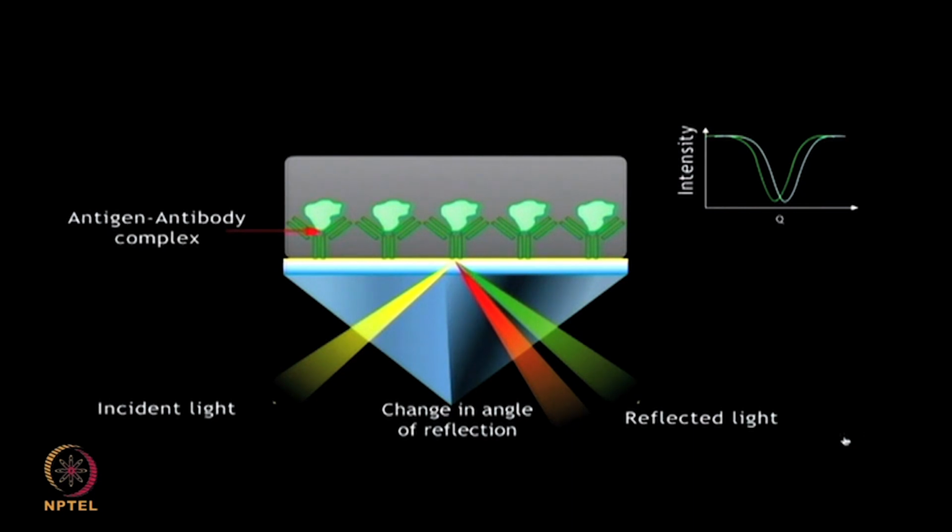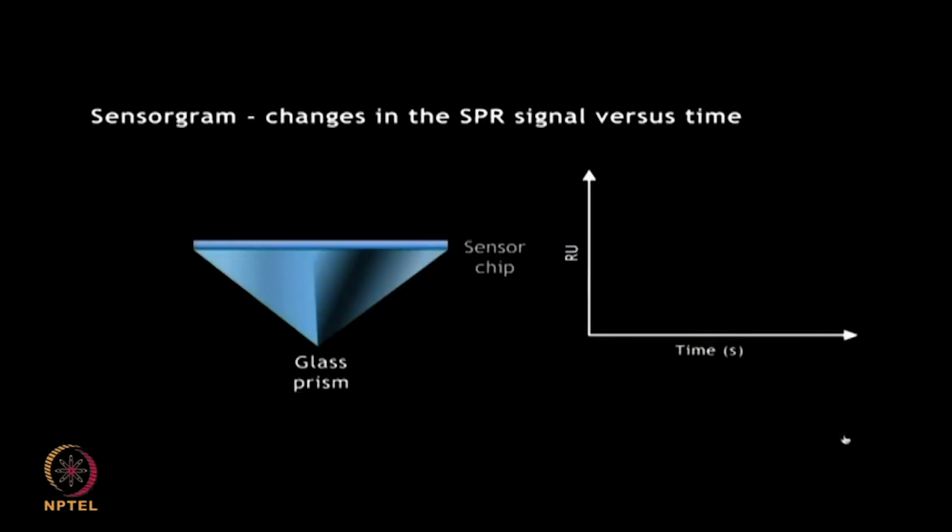The SPR angle, or the angle at which minimum intensity of reflected light is obtained, is indicative of the amount of biomolecule binding to the surface. The graph shown on the right side represents change in reflection intensity before and after the antigen binding. SPR sensorgrams: the sensorgram describes the changes in SPR signal versus time.